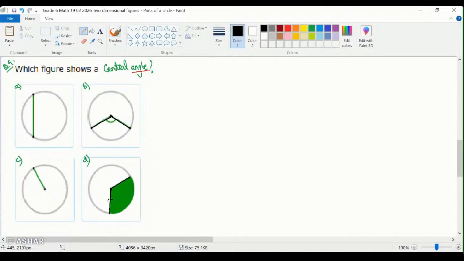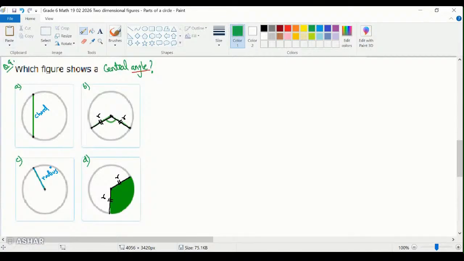This is the radius. This is the radius. This is the radius. And this is the radius, right? So A cannot be, because A is a chord. So either option B or option D for question number 9. Agreed?